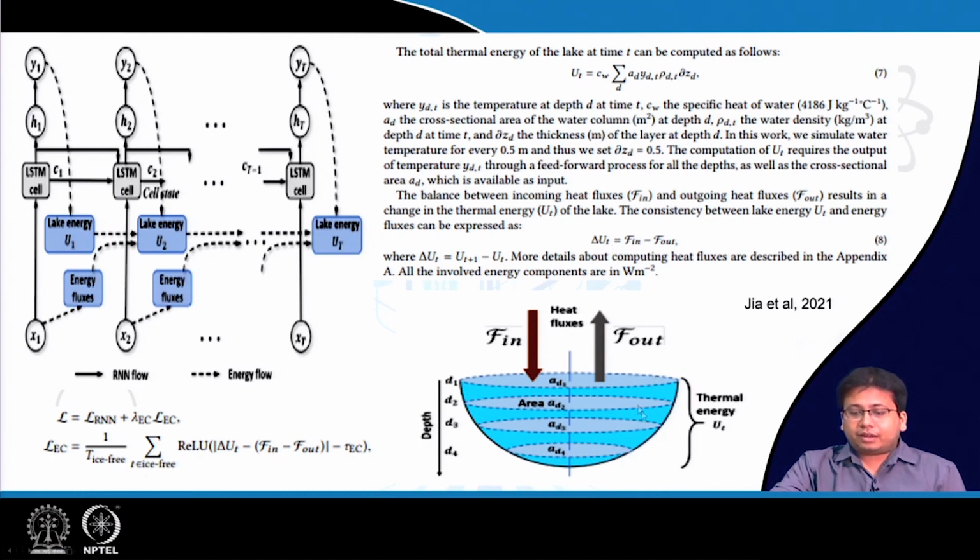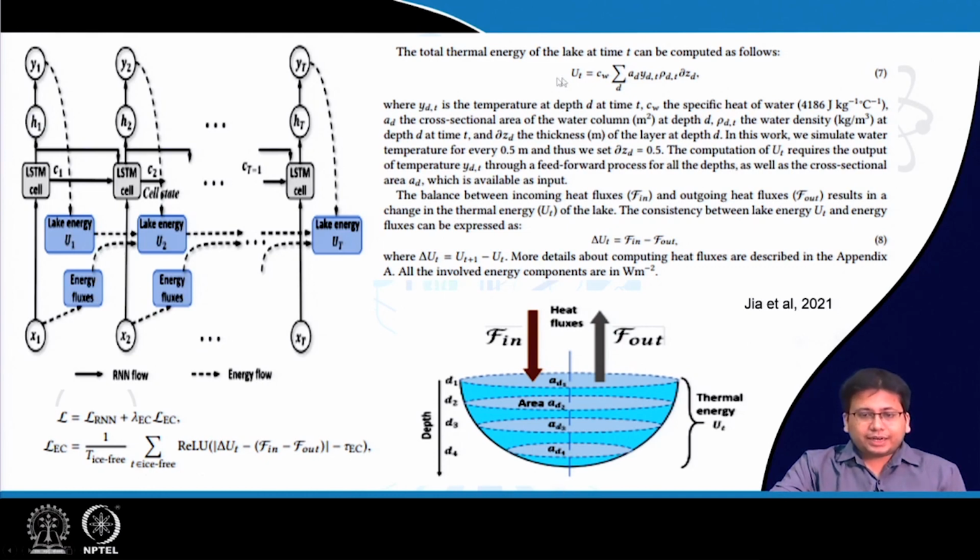The lake has a thermal energy UT, and there is a heat flux, incoming heat and outgoing heat, F in and F out, and the change of the total thermal energy of the lake is the difference between the incoming and outgoing heat at any given time. Now whenever there is a change in the total thermal energy of the lake, that is reflected at the different heights in different ways.